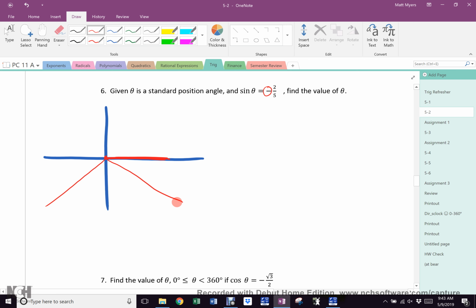Sine, we know, is O over H. But yesterday we learned that when we're dealing with the whole circle, what is sine really? Y over R, right?